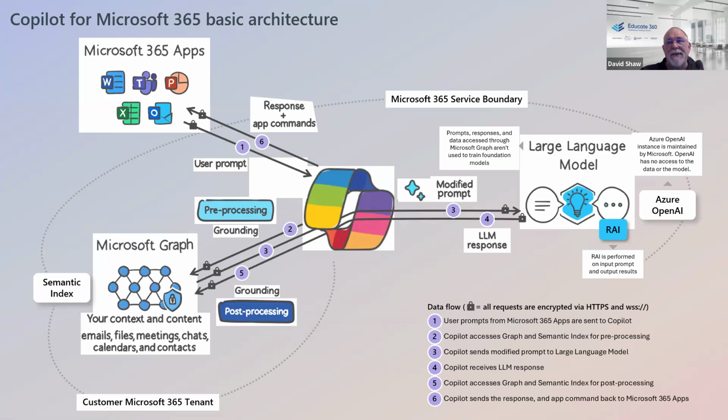That is Copilot. That's the central point, and it has a pre-processing that happens looking through the applications. So we have a back and forth, if you will. Number one, the user being able to prompt into a 365 application, say Word, Excel, PowerPoint, Teams, Outlook, Loop.